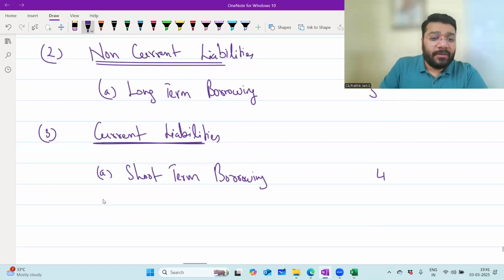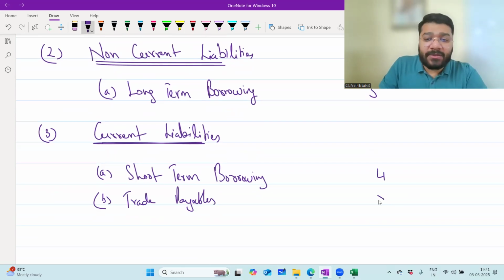Then B is trade payables. Ageing has to be given. So note number 5. C, other current liabilities. Is there anything in other current liabilities?